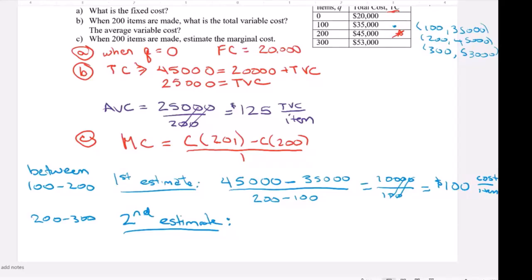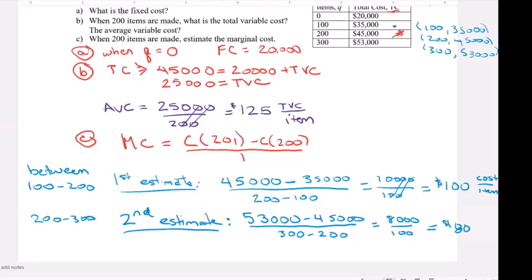So I have here 300 would be $53,000 minus $45,000, divided by 300 minus 200, which is equal to 8,000 divided by 100, which is equal to $80 cost per item.